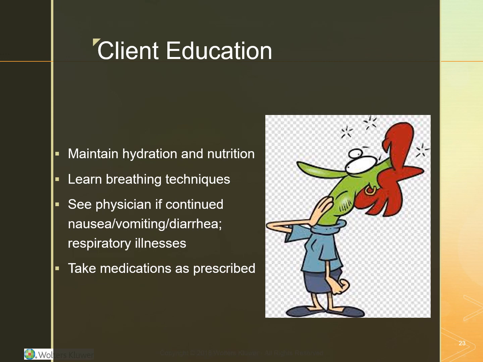If they continue to have nausea, vomiting, diarrhea, or they have respiratory illnesses, all of which can lead to acid-base imbalances, make sure that they are seeing their healthcare provider regularly. And as always, they need to take their medications as prescribed.